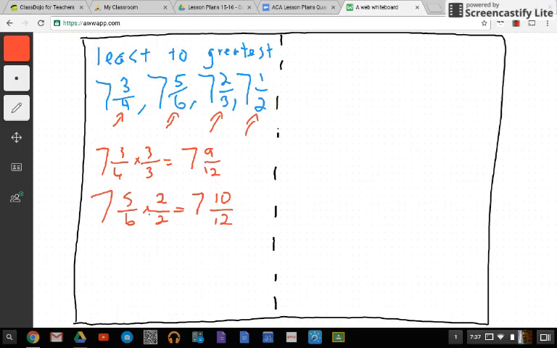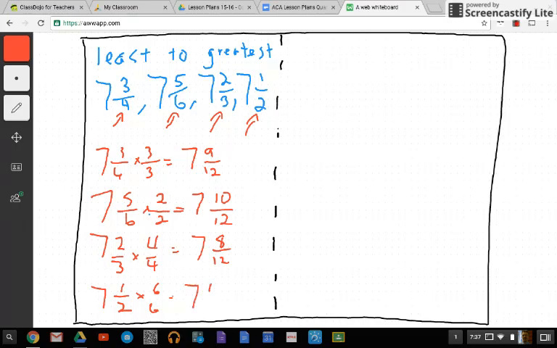If I've got 7 2/3, I said I'd be multiplying that by 4 over 4. And I get 7 8/12. And then my final fraction, 7 1/2. If I multiply that by 6 over 6, I get 7 6/12.